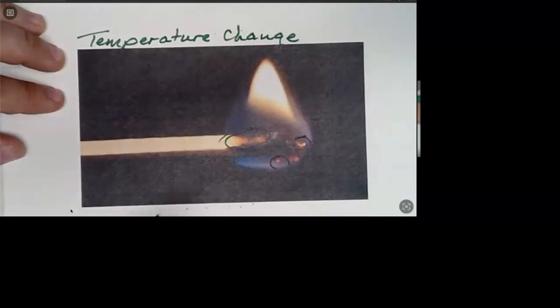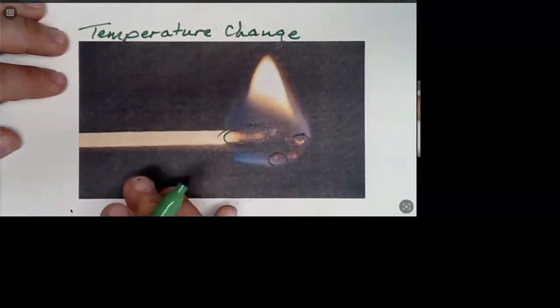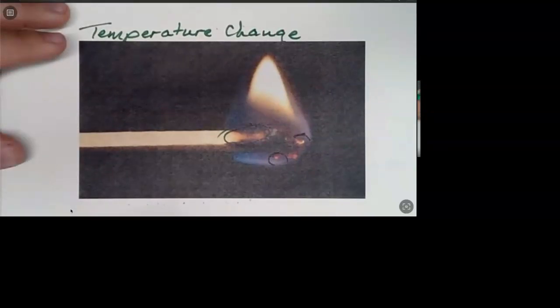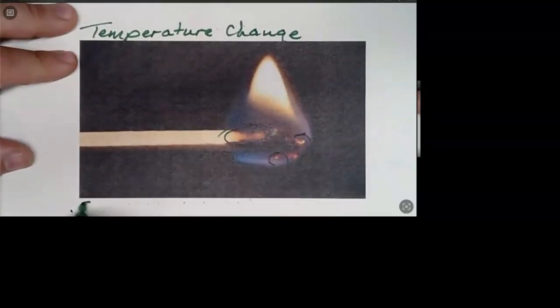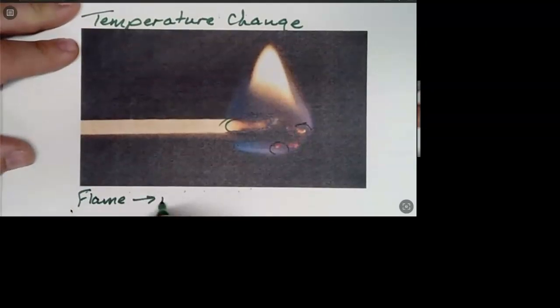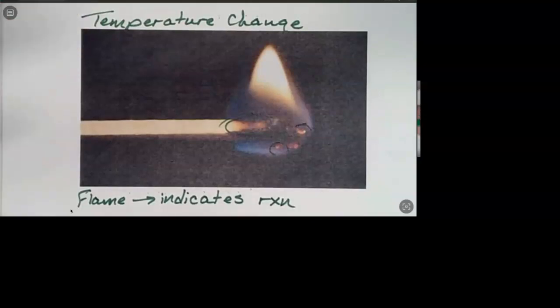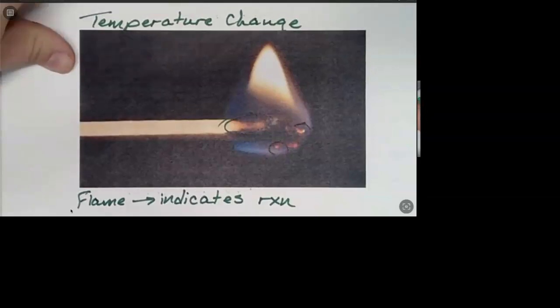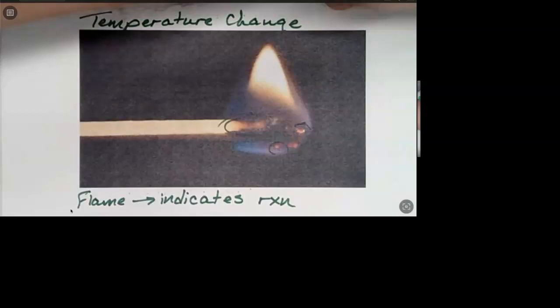It is not always an indicator of a chemical reaction, but it usually is. And then of course, anytime we see a flame, that indicates a chemical reaction. RXN is the abbreviation for chemical reaction.